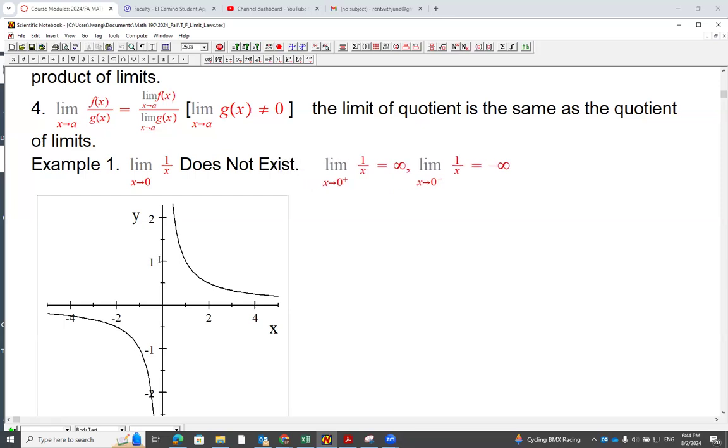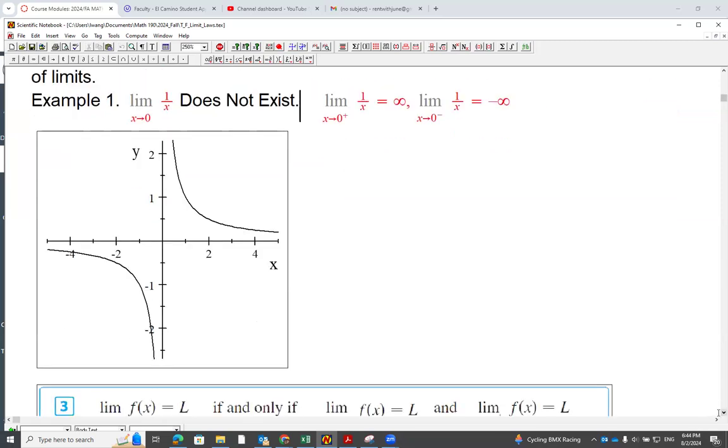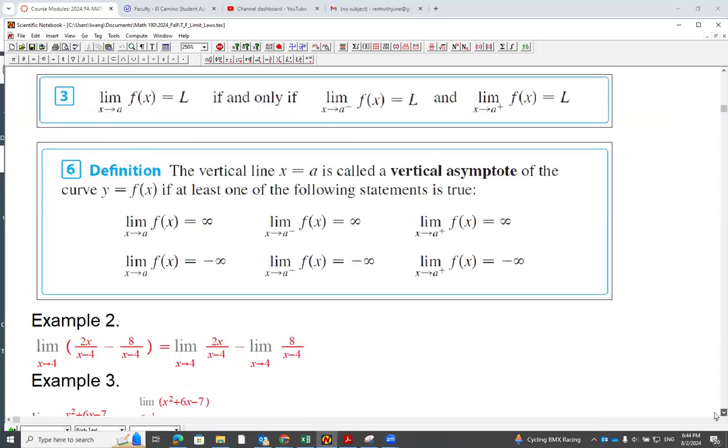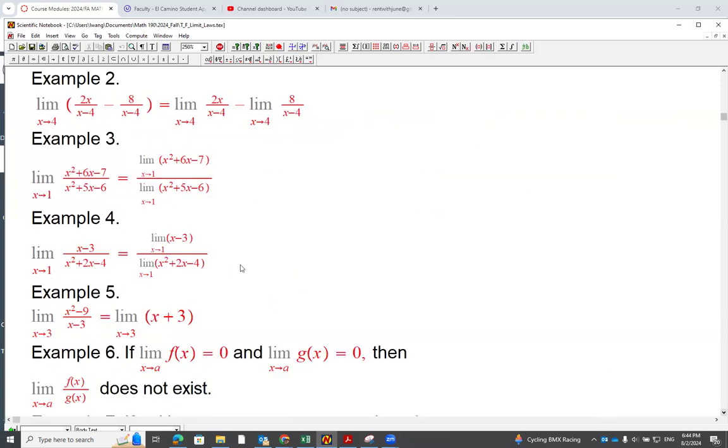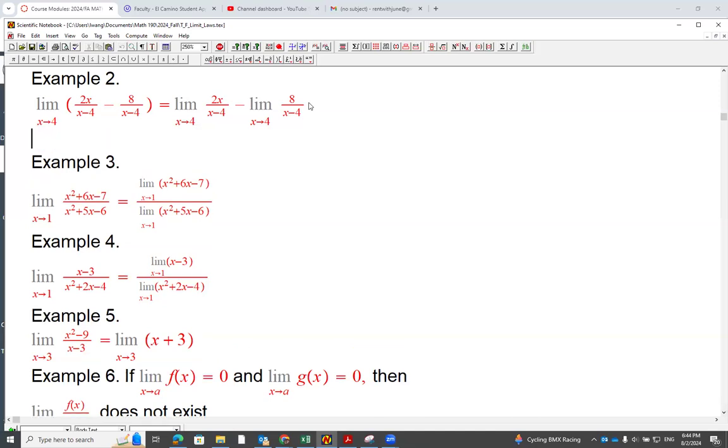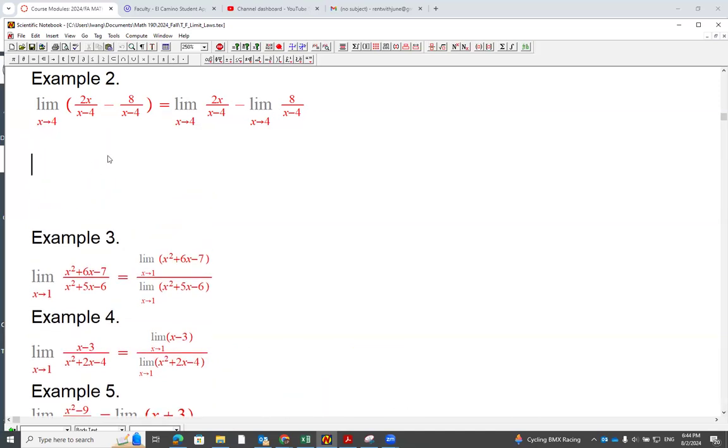I hope that is clarified once and for all. So let's look at some other questions that are commonly asked. This is the second example. We have the limit of 2x over x minus 4, x approaching 4, and a limit law is certainly applied to it.